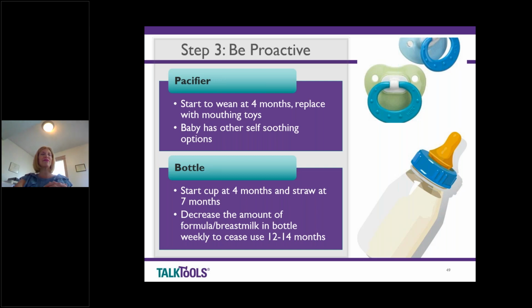Another way to be proactive is to keep on the norms of when we should wean the pacifier and the bottle. And this was mentioned right in the normal. So at about 4 months, we want to replace the pacifier with mouthing toys. And we want to try different options to soothe the baby, like some white noise or music.